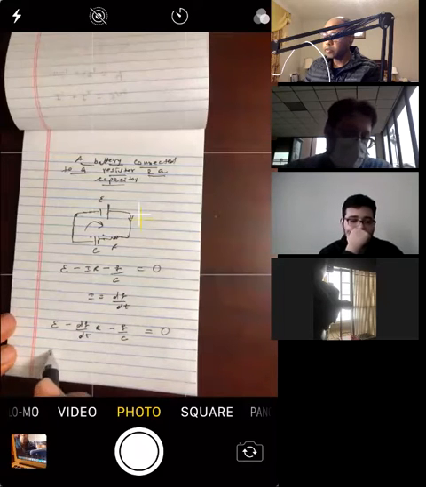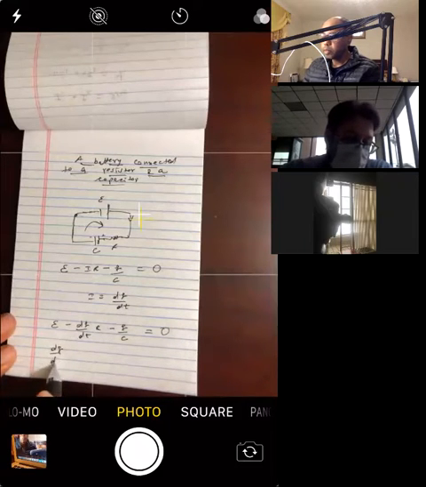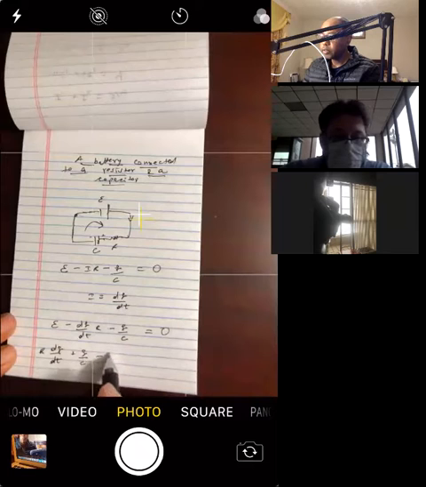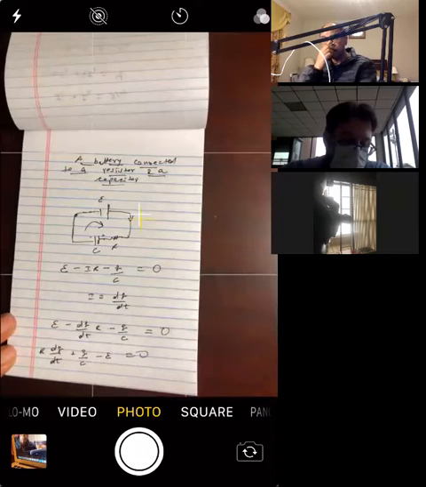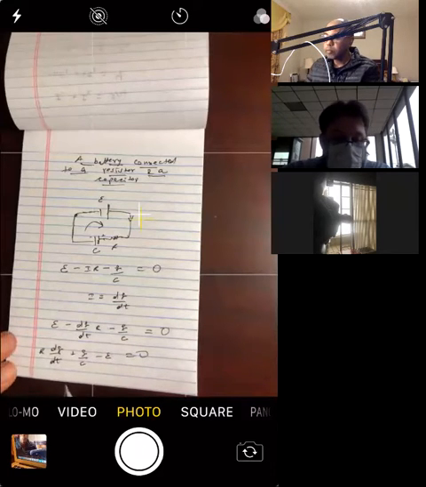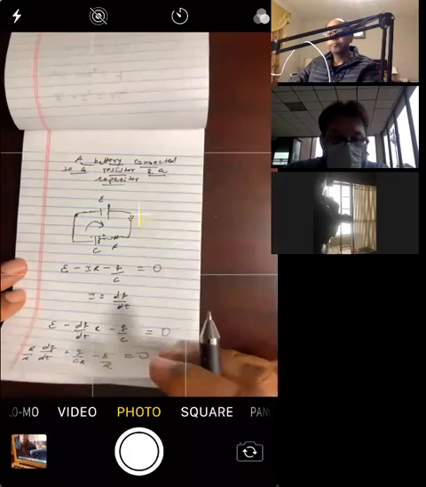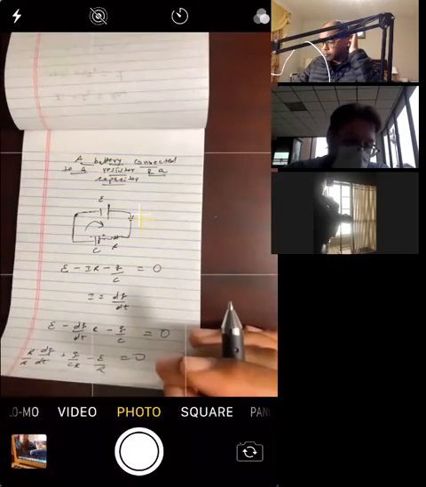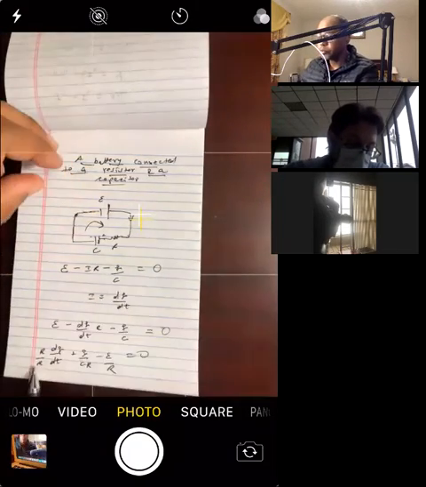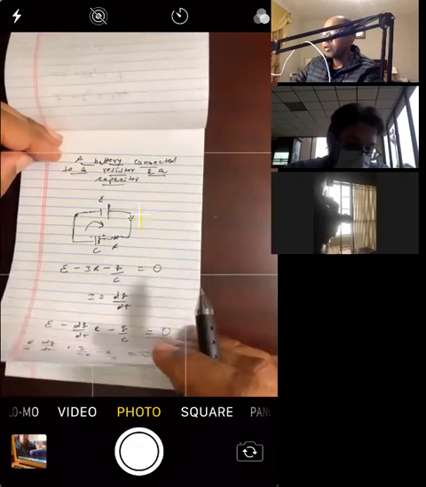Multiplying by negative, you've got dq by dt times the resistance plus q over c, and then minus e equals 0. Okay, so let's divide the whole equation by r. When you solve a differential equation, it's easier to make the coefficient of the highest order derivative 1.